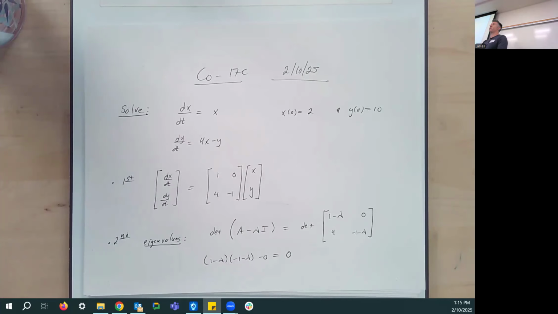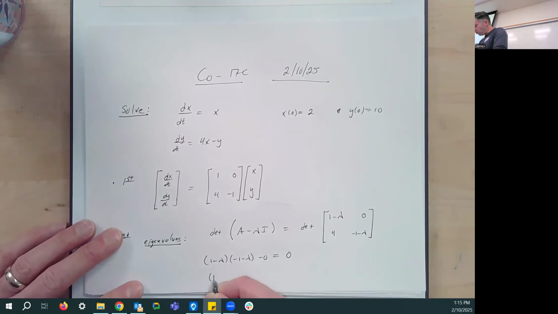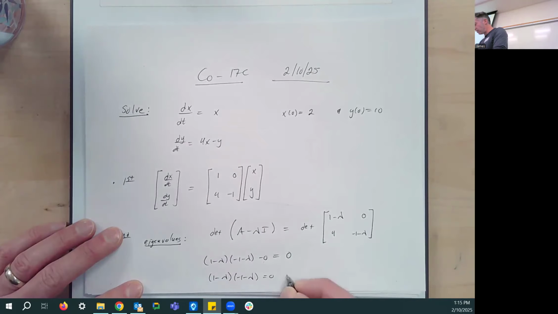Here's where you should not create more work for yourself. It's already factored for you. If you get a 0 over there, whatever those two factors are, those are your factors. So just leave it as (1 minus lambda) times (-1 minus lambda) equal to 0, and you're going to get your two eigenvalues, lambda equal to 1 and lambda equal to -1.